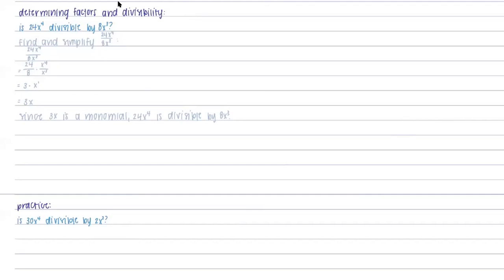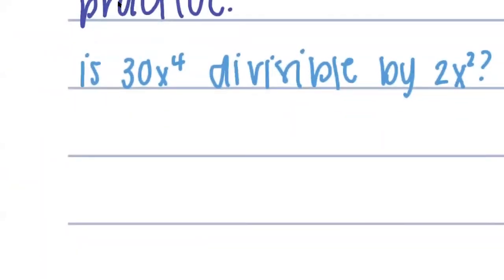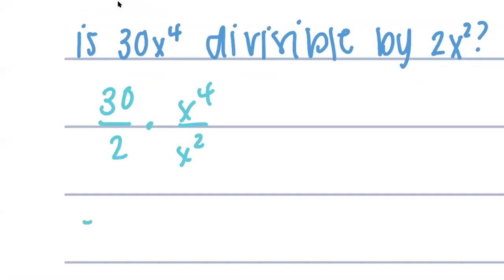30x to the fourth is divisible by 2x to the second. Yep. 30 is divisible by 2. 30x to the fourth equals 30 times x to the fourth, and 2x to the second is 2 times x to the second.